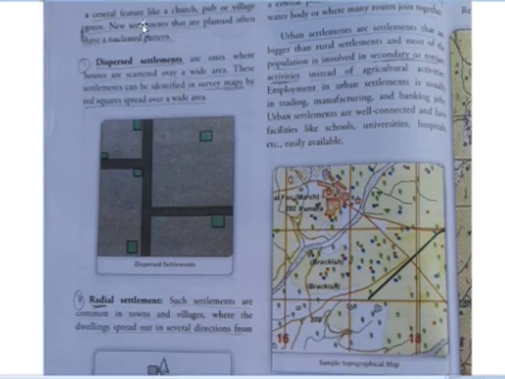It also shows the community settlements where the community likes to settle. And dispersed settlements are where houses are built at distant places, with the distance between the houses much greater. Dispersed settlements are ones where houses are scattered over a wide area.